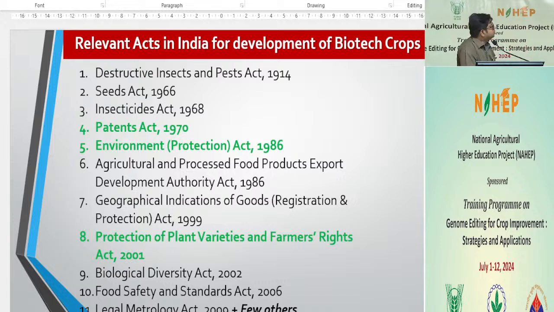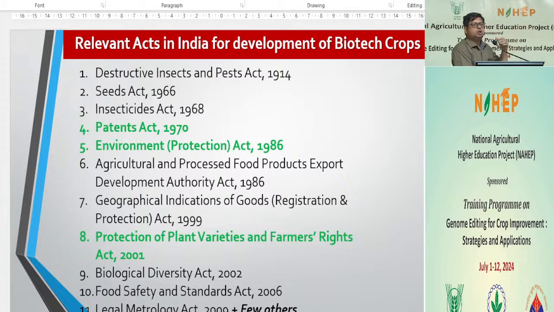in many different countries, because multinational companies operate in multiple jurisdictions. Like this International Treaty on Plant Genetic Resources for Food and Agriculture, our PPVFRA law is harmonized with this. Then the WTO agreement, the TRIPS agreement, the International Convention for the Protection of New Varieties, the Convention on Biological Diversity, Cartagena Protocol on Biosafety, Codex Alimentarius, right?